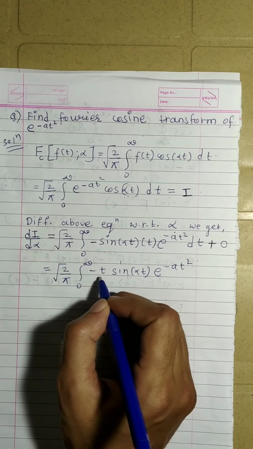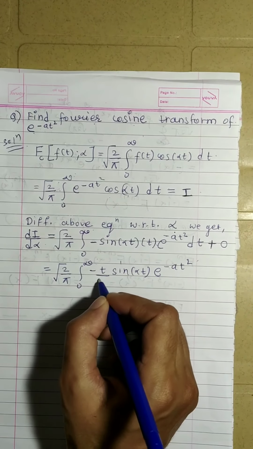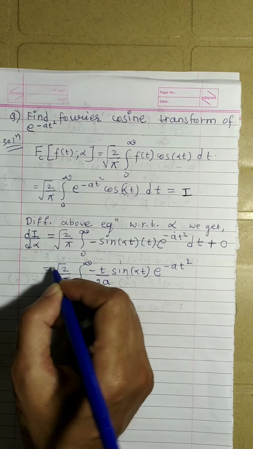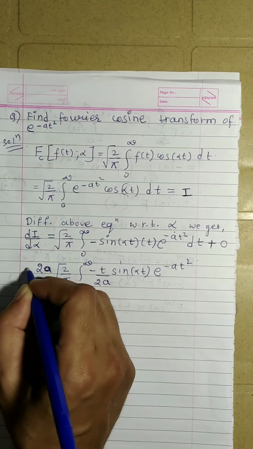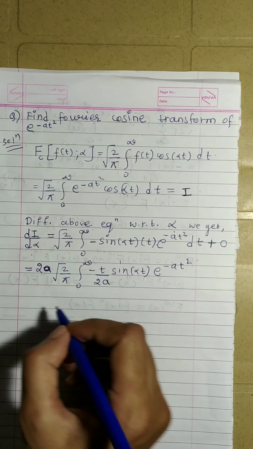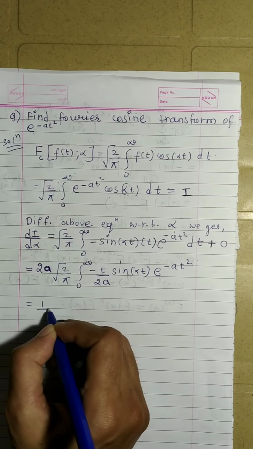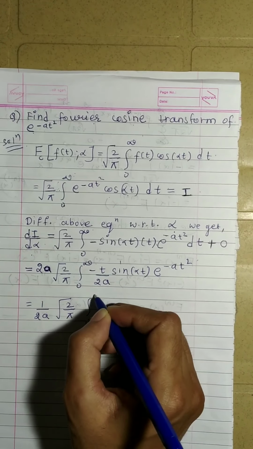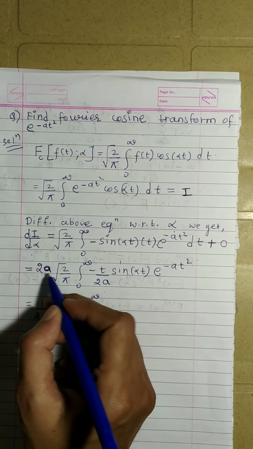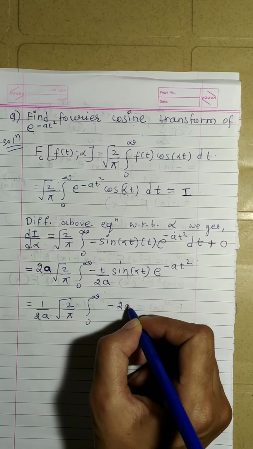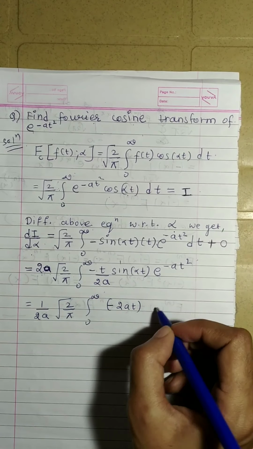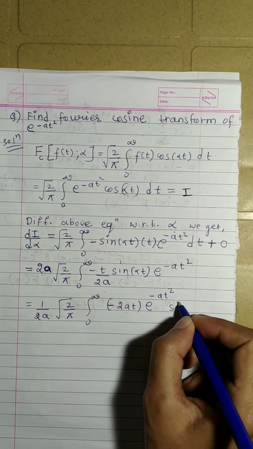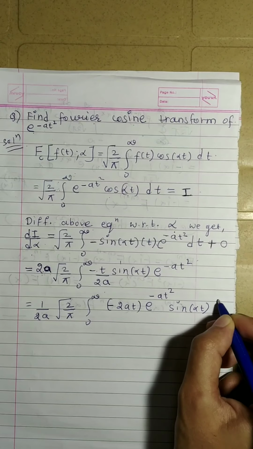If I manipulate this, multiply by 2a and divide by 2a, here we have 1 upon 2a into root of 2 pi integral from 0 to infinity, minus 2at e raised to minus a t square into sine of alpha t dt.